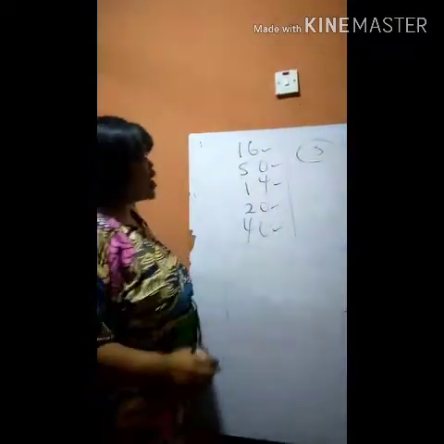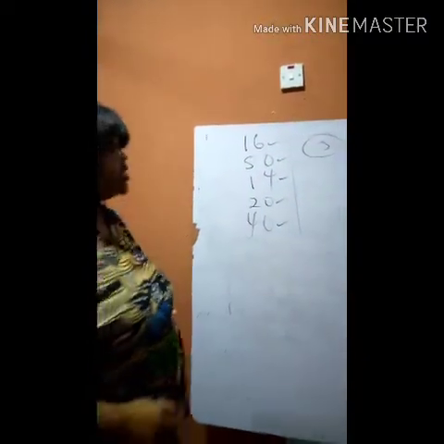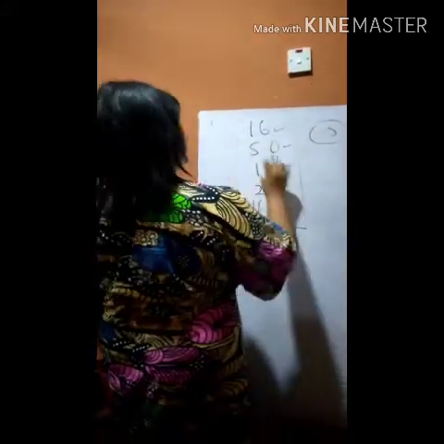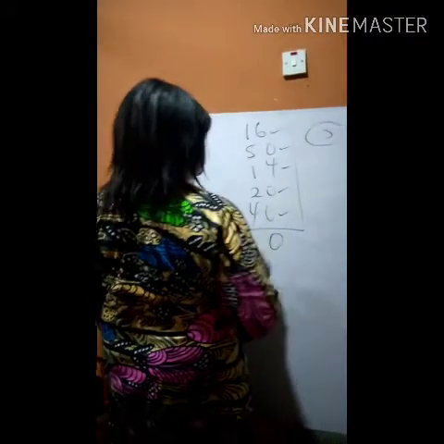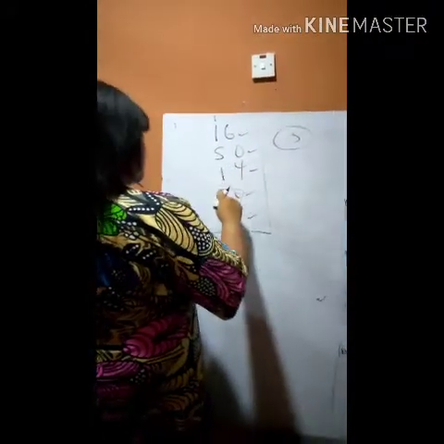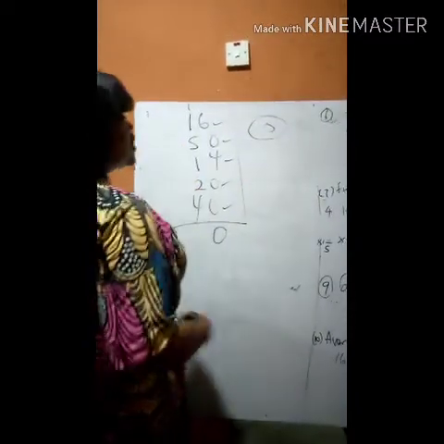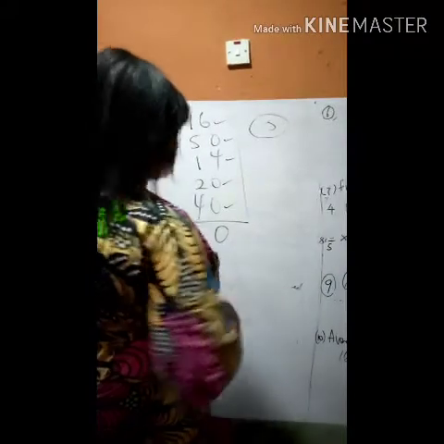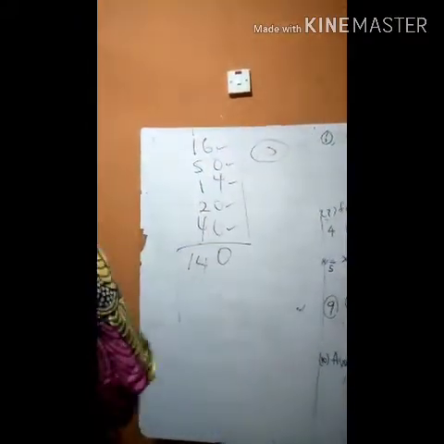So we add all our numbers together and we divide by 5. So let's add. Here we have 4 plus 6. It is 10. We drop 0 and carry 1 here. 1, 2, 3, 4, 5 plus 5, 10 plus 4. 140.